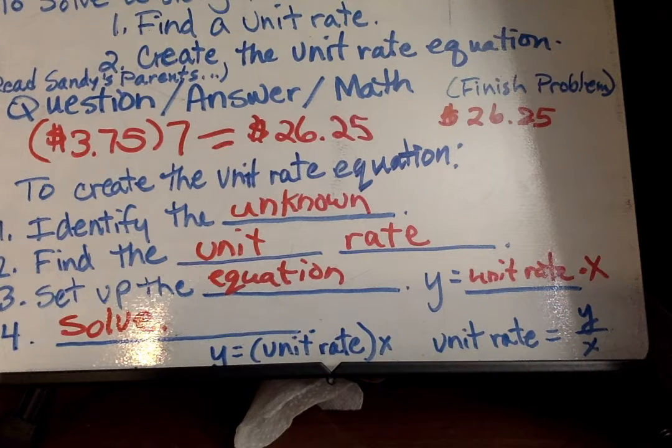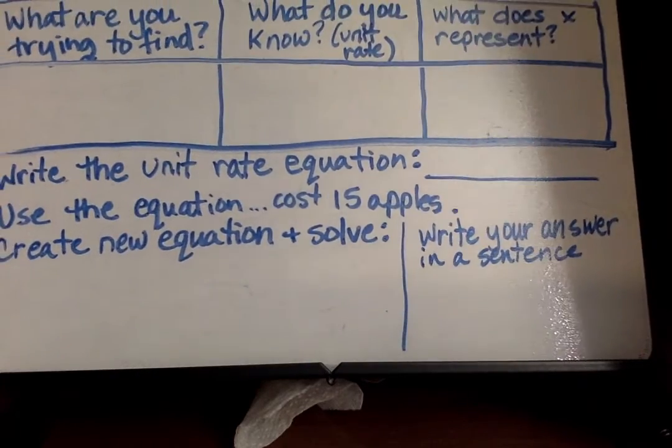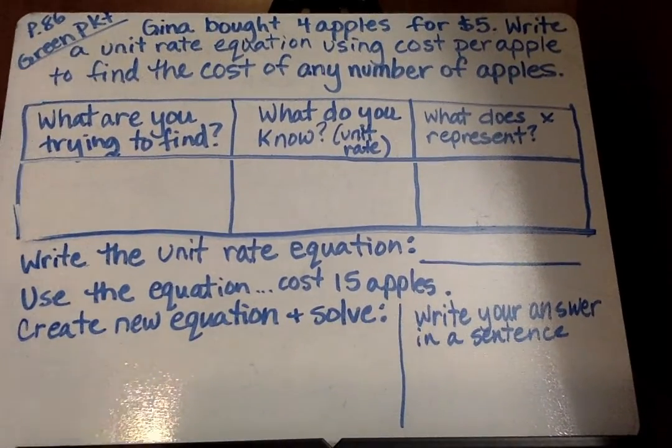Okay, next we're going to go on to page 86 in your green packet, and let's do one of the problems. Okay, Gina bought 4 apples for $5. Write a unit rate equation using cost per apple to find the cost of any number of apples. So what are you trying to find?